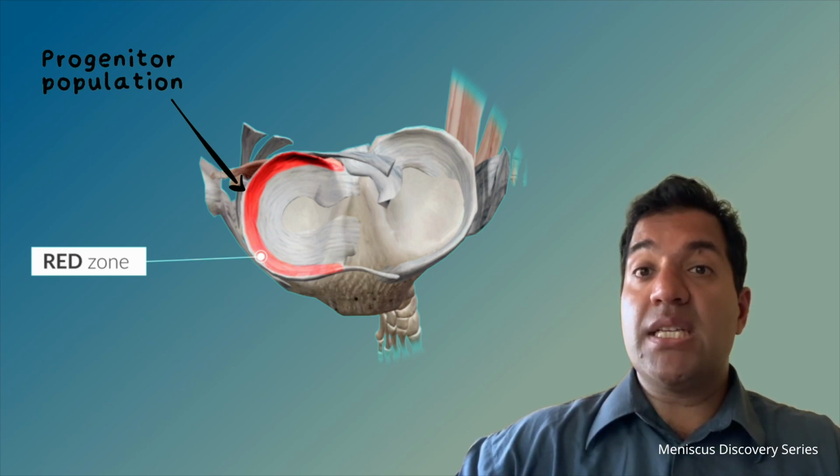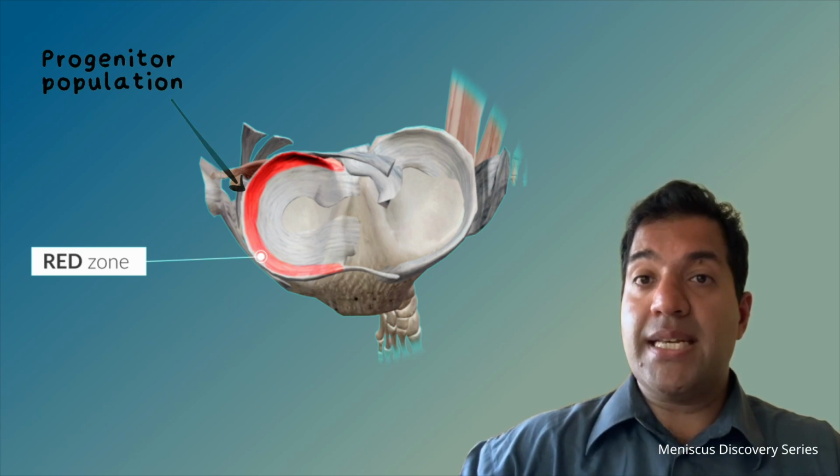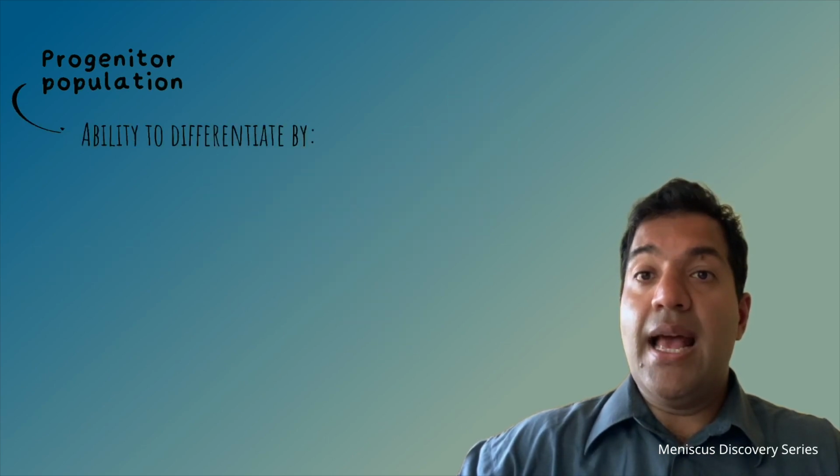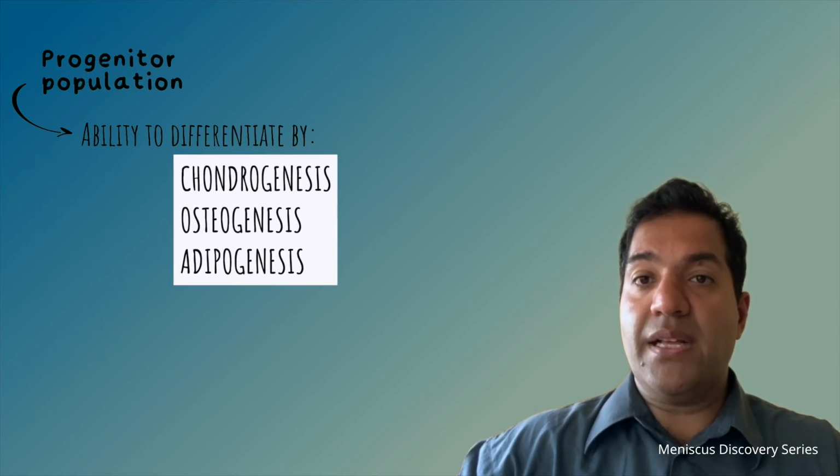Specifically, in vitro cell culture of cells from the vascularized region has shown that these cells have colony-forming capacity, are able to proliferate extensively, and undergo differentiation towards each of the three main mesenchymal lineages, specifically adipogenesis, chondrogenesis, and osteogenesis.